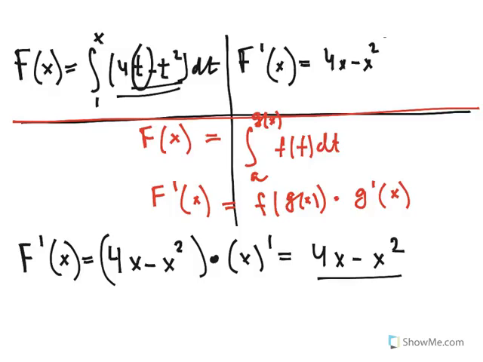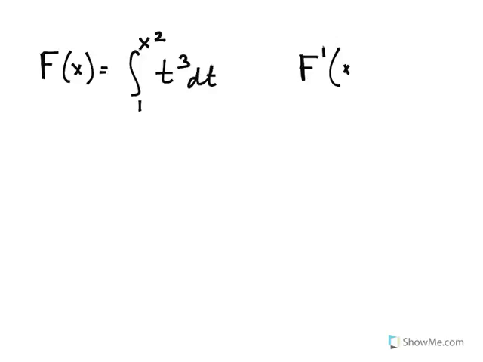Now remember that second example we had. I think it was, no, actually, let's do the third one. F of x equals integral from 1 to x squared, and I think it was t cubed dt. So in order to find f prime of x, you're going to apply the FTC2. You're going to replace t with your upper boundary.